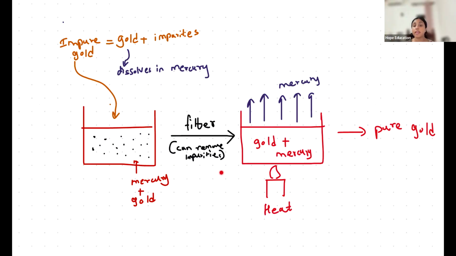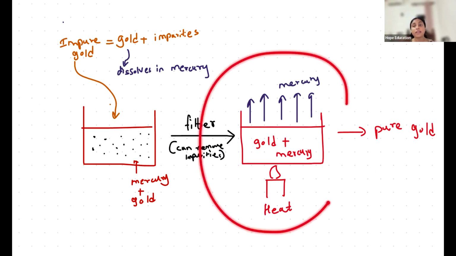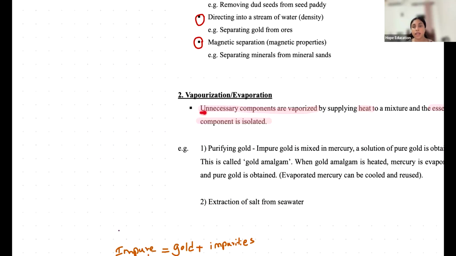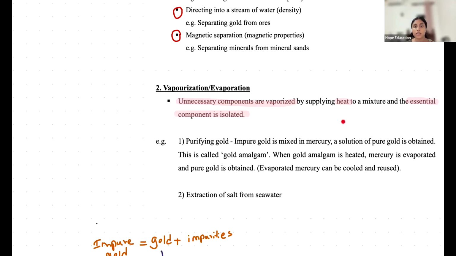What do I do? I heat it. This is where vaporization is used. I don't want mercury, so I vaporize it and remove it. What this means is that unnecessary components are vaporized and the essential component is isolated.